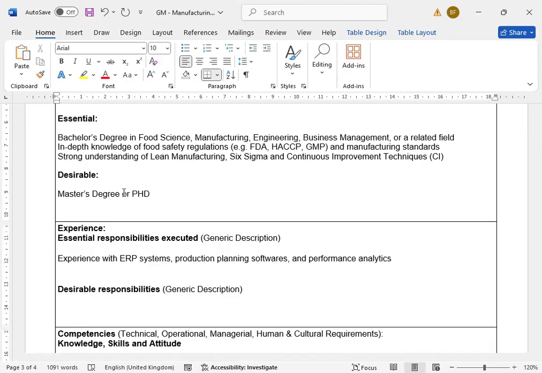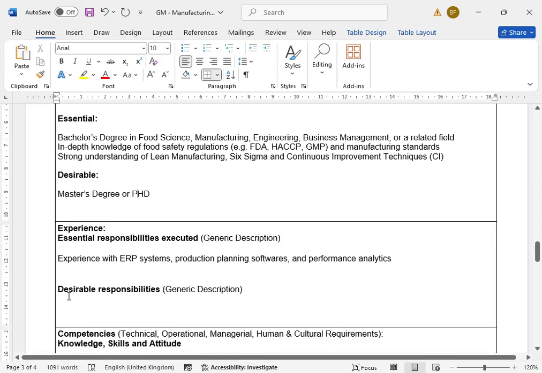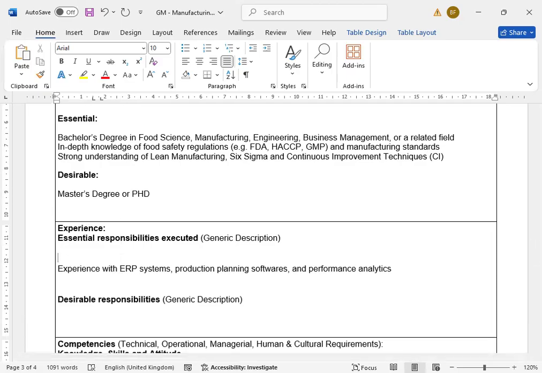What's important is the essential, and the recruitment manager would not even bother looking at it. Then first, of course, we need years of experience. So at least 8 years. 8 years is more than enough experience.